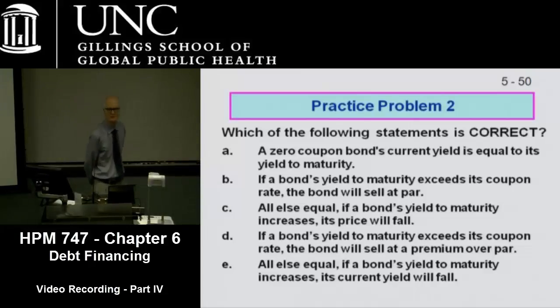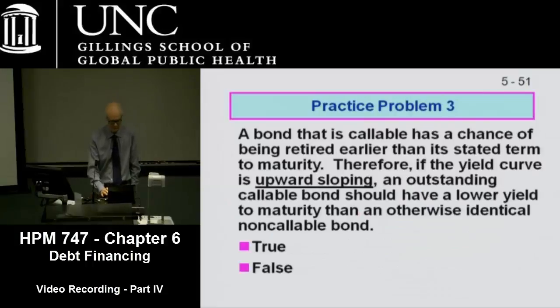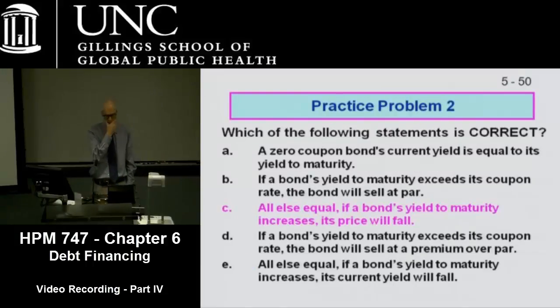Call it whatever you want. C is the right answer. All else equal, if the bond yield to maturity increases, its price will fall. Yield to maturity is the going rate of interest on that bond in the marketplace. That's the price we observe. You go right to the internet and see what the yield to maturity is on publicly traded bonds anytime. So if it's going up, the price of the bond will fall. We talked about A on that one too. We just talked about A and why it's not.